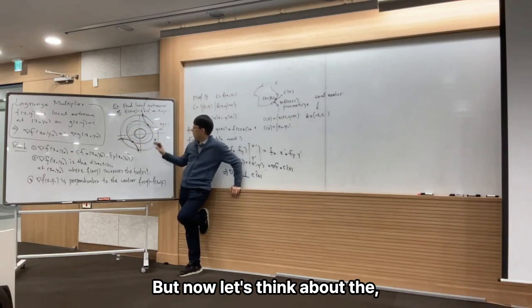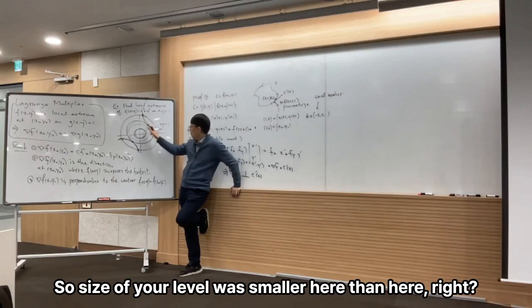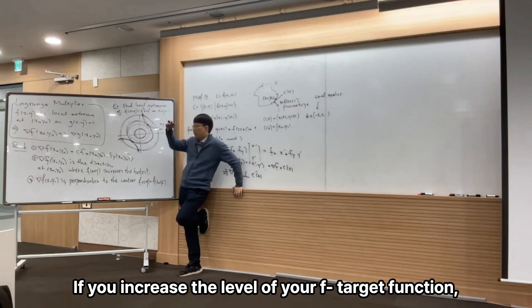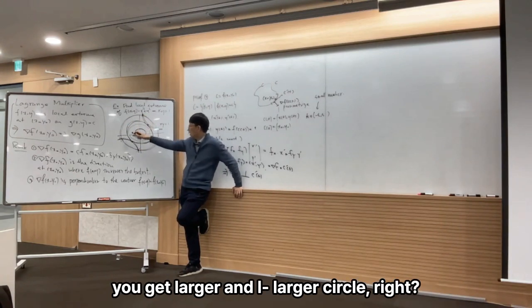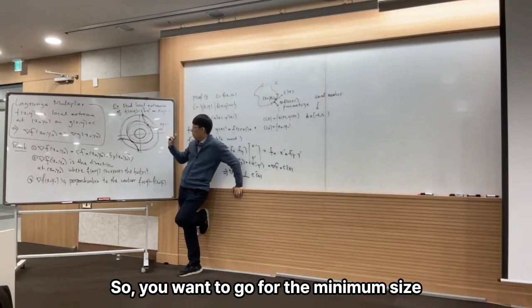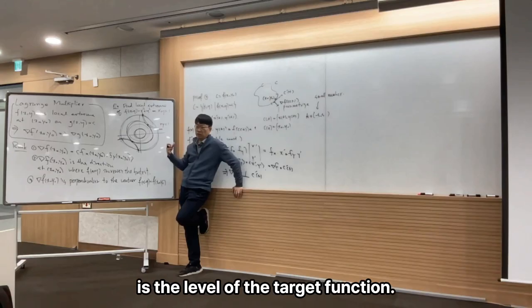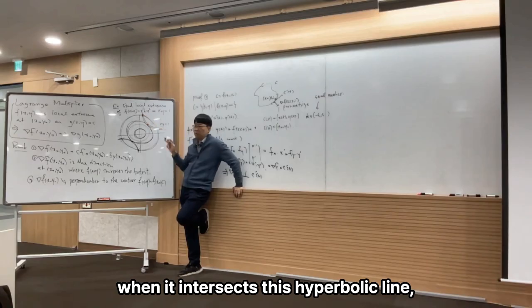But now let's think about the size of your level. The size of your level was smaller here than here, right? If you increase the level of your target function, of your contour line of your target function, you get larger and larger circles, right? So you want to go for the minimum size of the circle, because the size of the circle is the level of the target function, when it intersects this hyperbolic line.